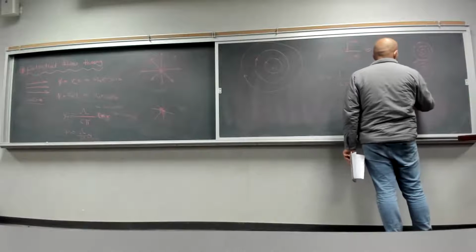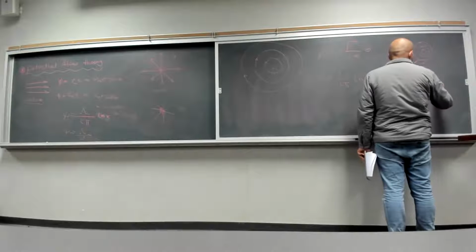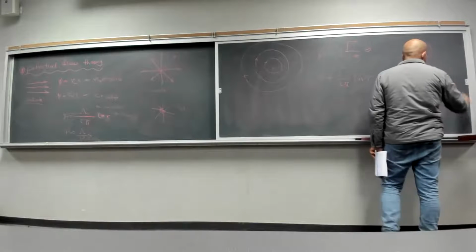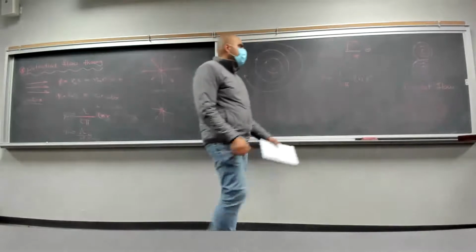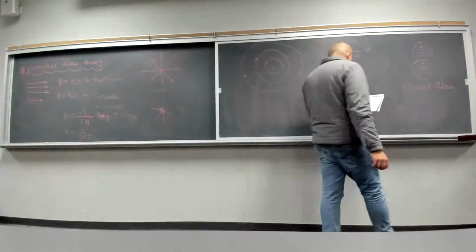This is called the doublet flow. And the strength of this doublet is called kappa.